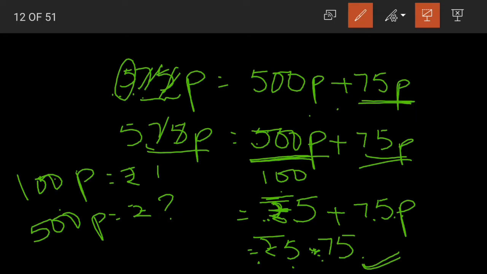Is this clear children? The last two digits, that is the digits in ones and tens place, are separated and written as paise, and the digits before those are written as our rupees.